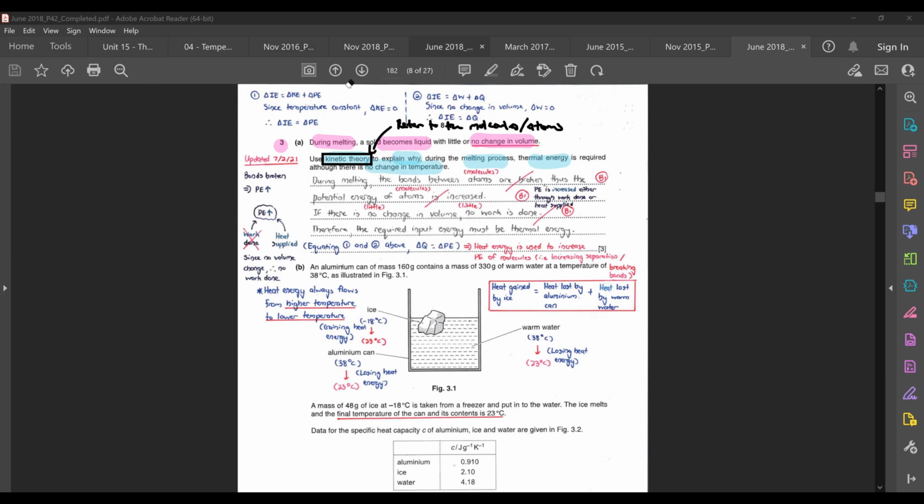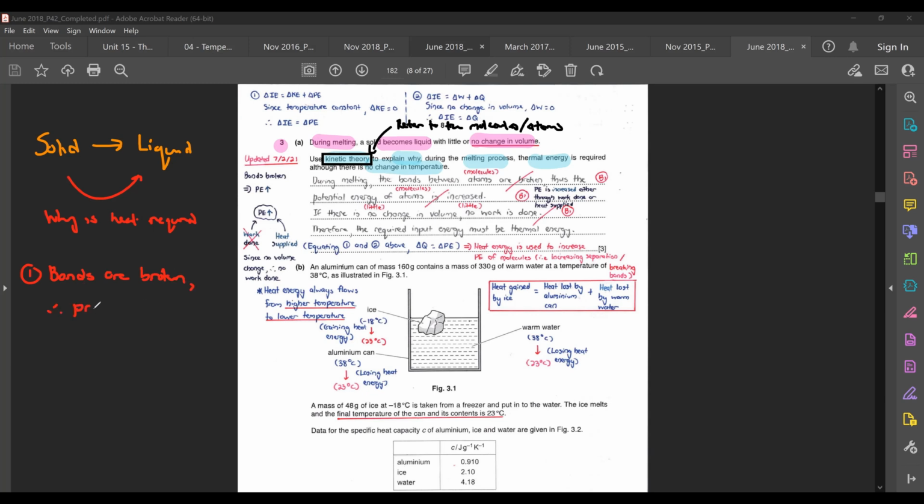When you're trying to go from solid to liquid, they want you to explain why heat energy is required. So one thing that you could first think of when you go from solid to liquid is this. When you go from solid to liquid, bonds are broken.